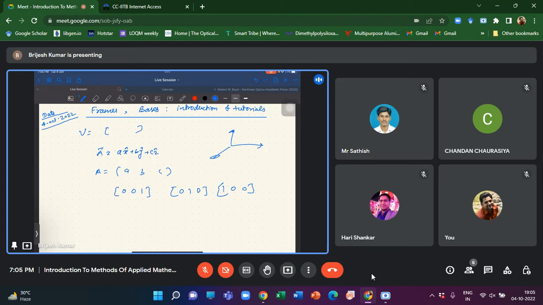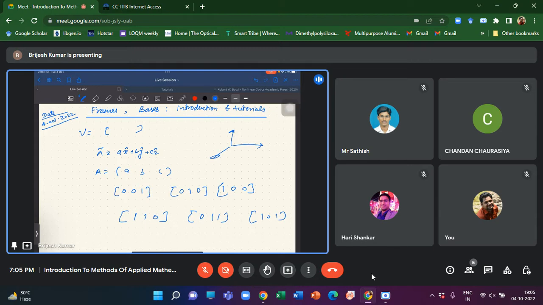But a set like (1, 1, 0), (0, 1, 1), and (1, 0, 1) can also span this vector space, but it will not be linearly independent.